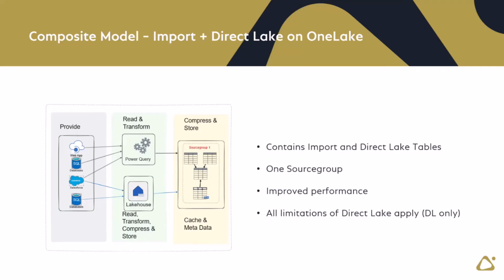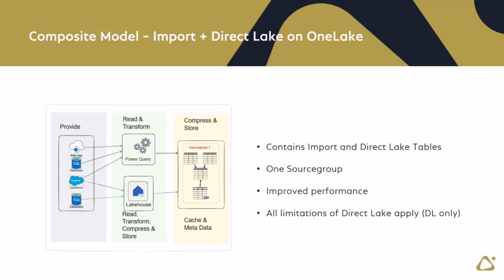The really cool thing about this solution is that everything stays within one source group. That means you do not introduce a limited relationship, even though, from an architectural perspective, it sounds as if you are combining different storage approaches. From a Power BI point of view, it behaves as one data store.